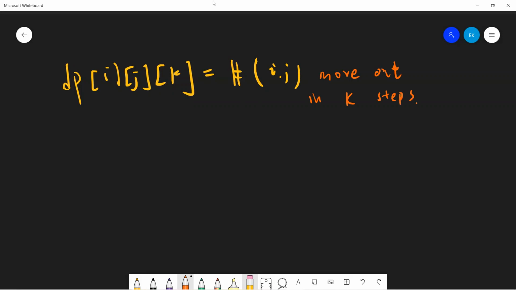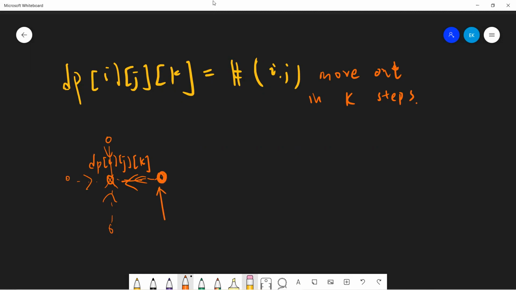So what is the recursion? Let's say I want to find DP[i][j][k]. What are the possibilities for how you come out with this step?